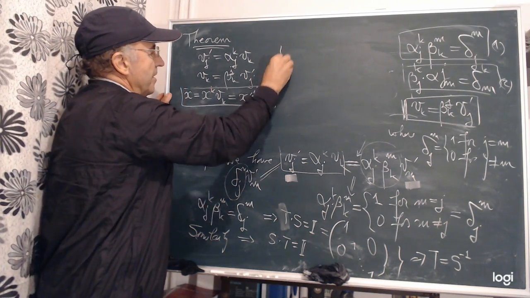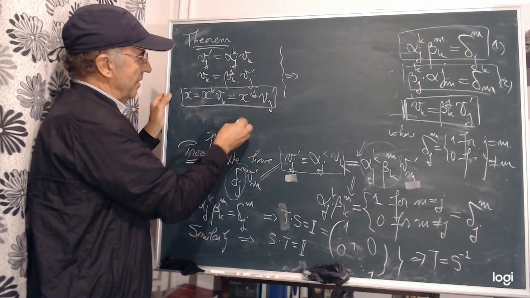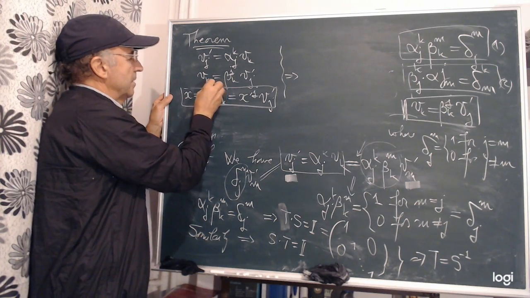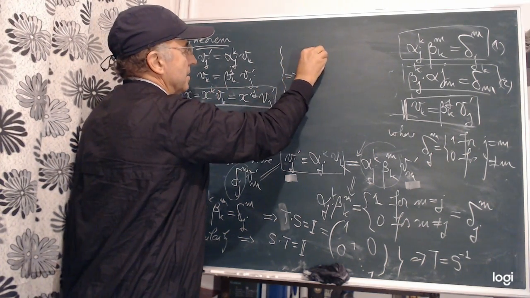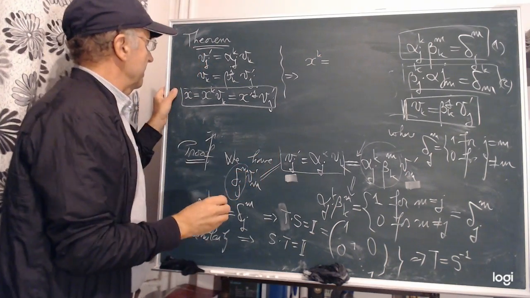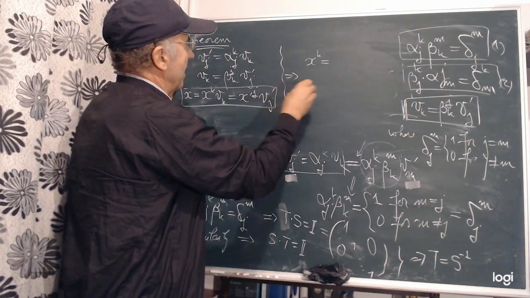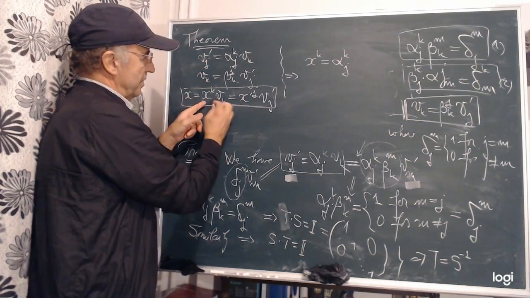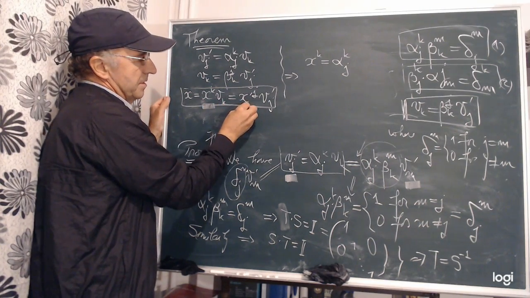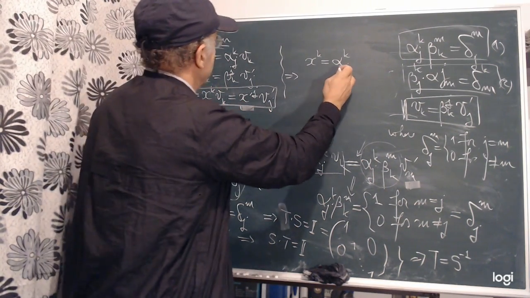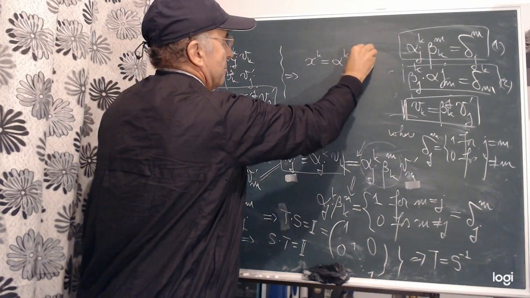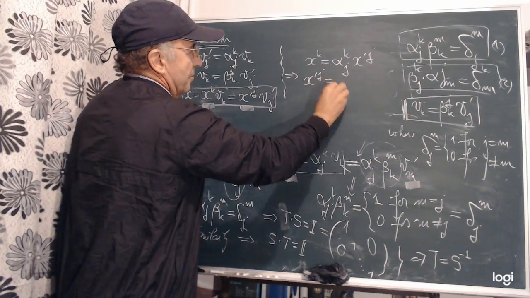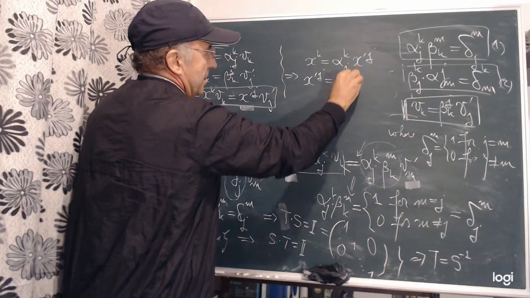And from this we get that the old coordinates xk is the sum of alpha kj x prime j, the relation between the old coordinates and the new coordinates, and x prime j equals the sum of beta jk xk.